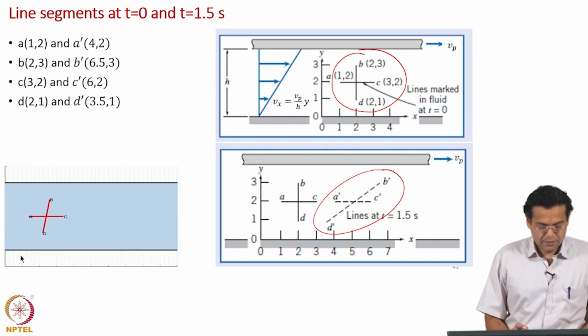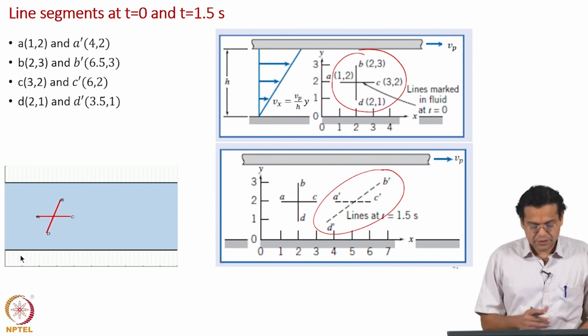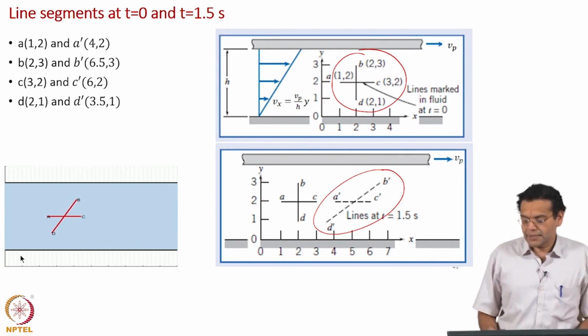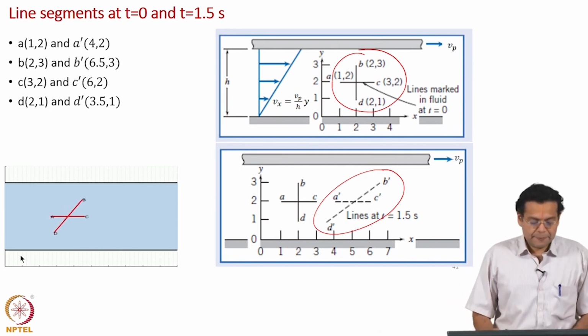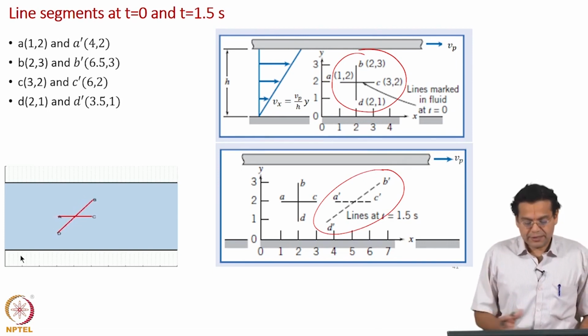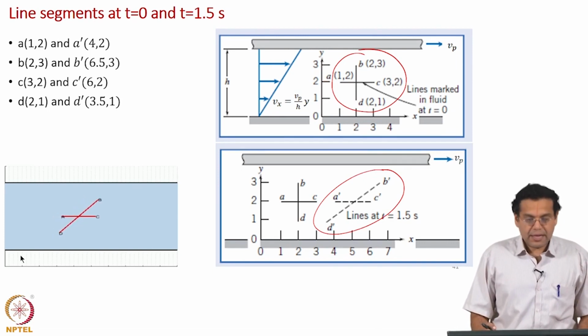So, this is how they move, and this is qualitatively shown here, and what you see here is the position of the lines at time t equal to 1.5 seconds, but if you want to track from 0 to 1.5 seconds, this is how the line moves. Both the lines move.